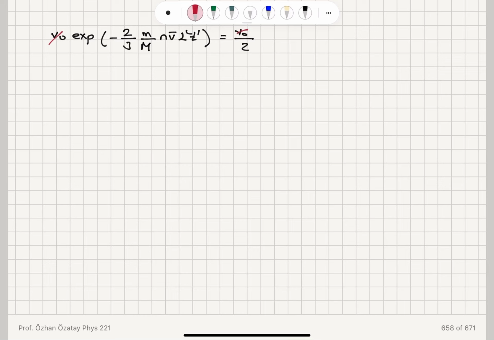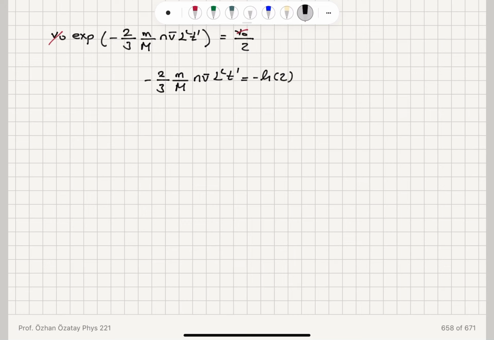So I will have minus 2/3 m divided by capital M, and v bar n L square t prime is equal to minus natural logarithm of 2.